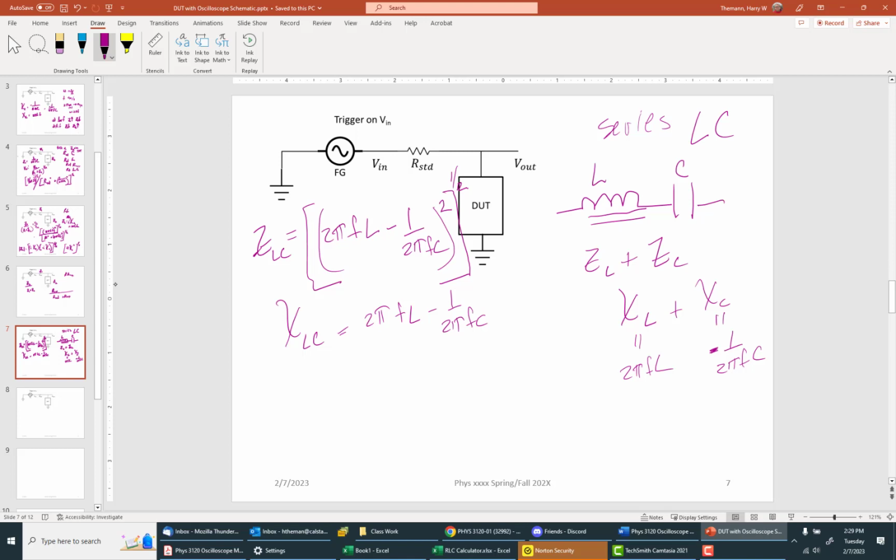So to get the Z2 over Z1 plus Z2, that's chi L plus chi C squared and square rooted. Now, let me think about this one for a minute.